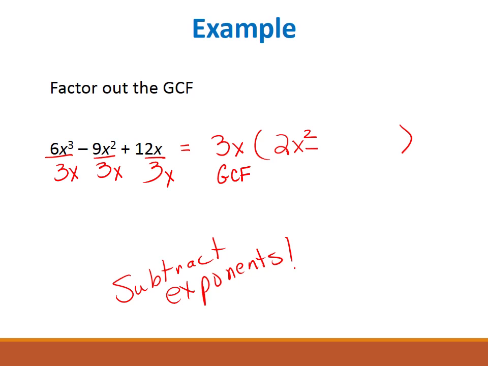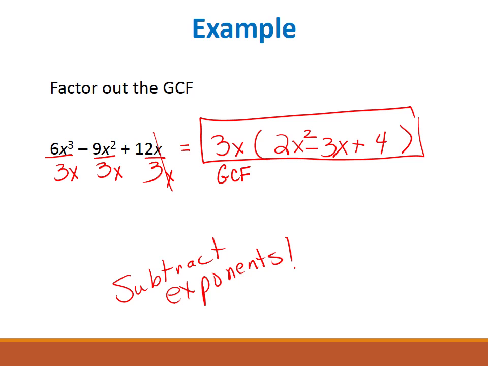Then you would have your negative sign. 9 divided by 3 is 3, and x squared over x to the first is x. Bring over the plus sign. 12 divided by 3 is 4, and notice these x's cancel out altogether. Your final answer then is 3x times 2x squared minus 3x plus 4.